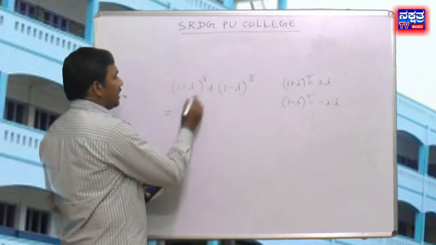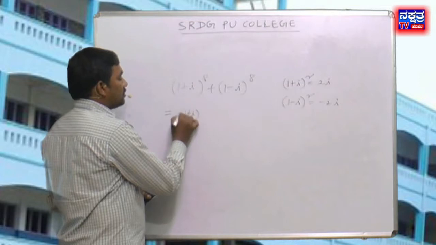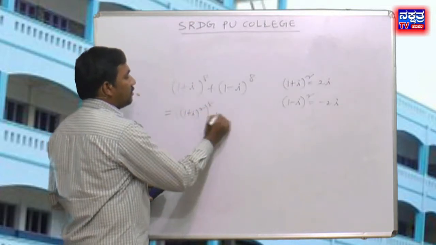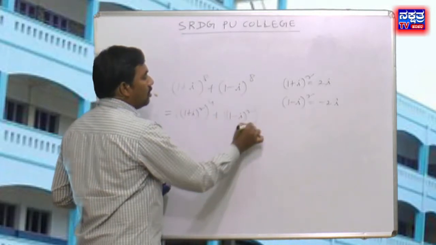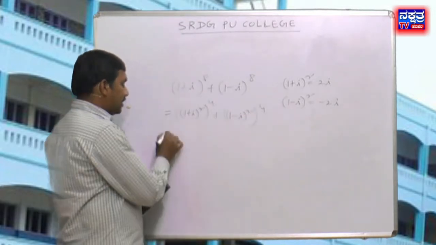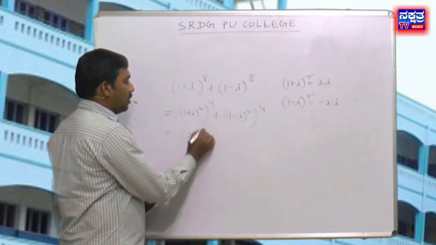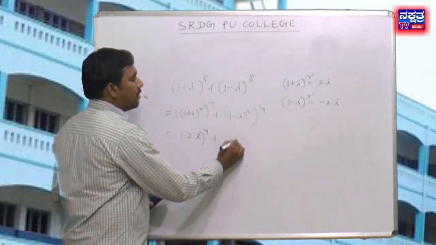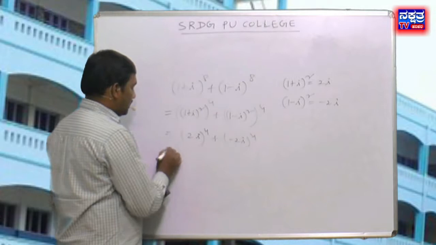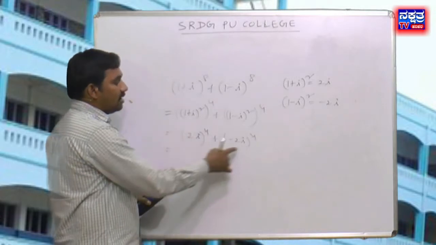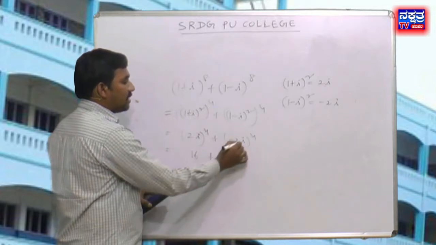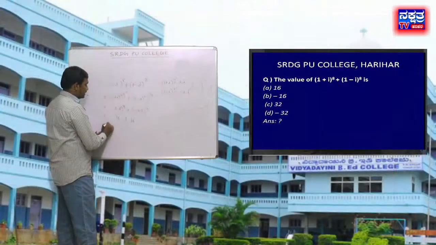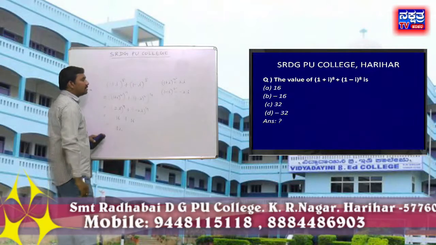Then (1 plus i) whole square, whole power 4, is (2i) whole power 4 plus (minus 2i) whole power 4. Here i power 4 is 1 and i power 4 is 1. 2 power 4 is 16 plus minus 2 whole power 4 is also 16. Then it will become 32.